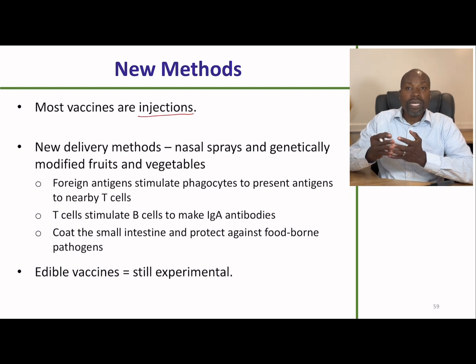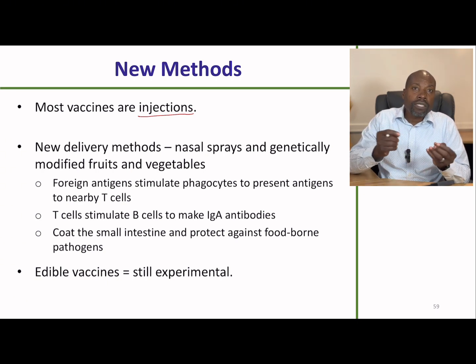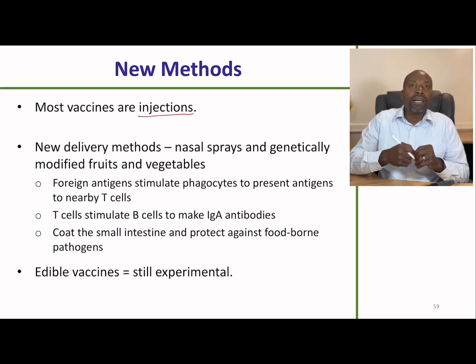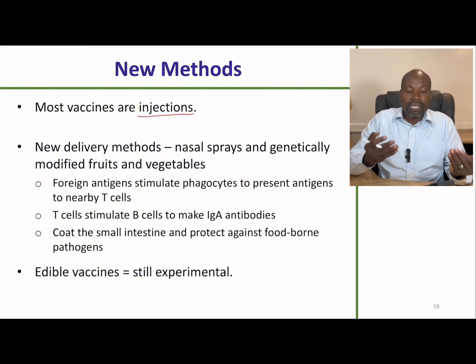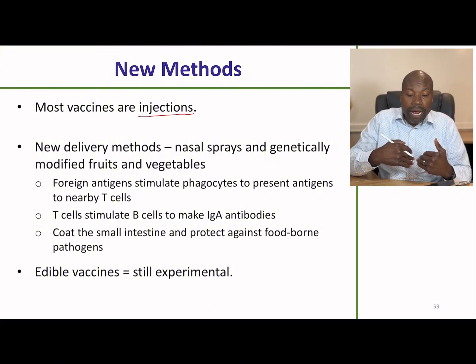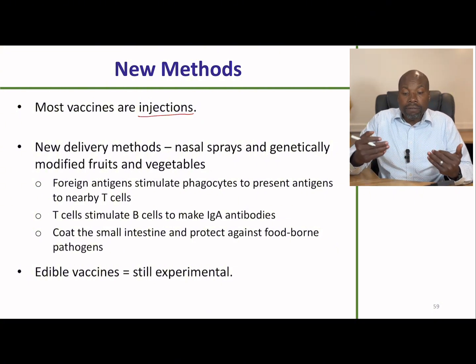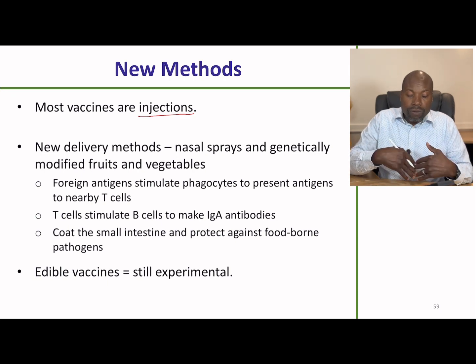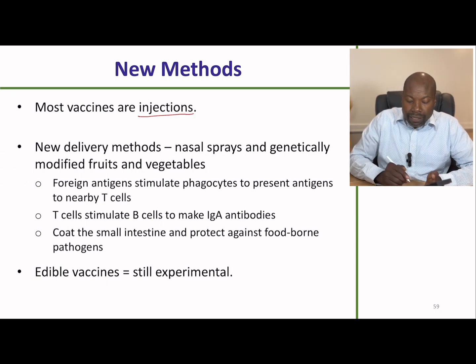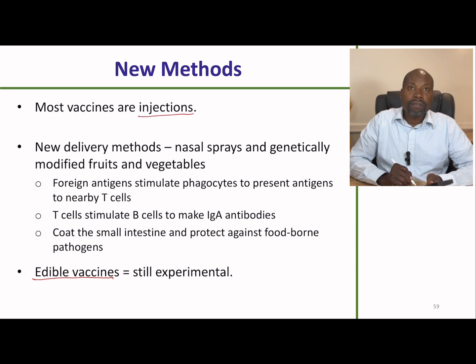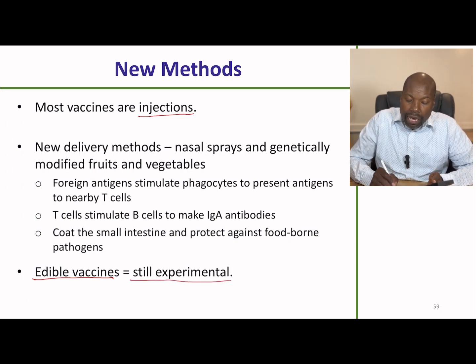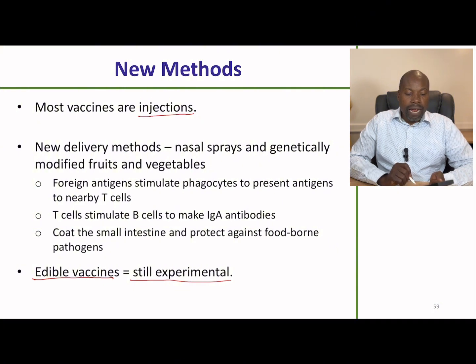But nowadays, we also have immunization by just introducing the vaccine on mucous membranes, such as into the nose, right? We have by eating, right? But the edible vaccines, these are very uncommon and they are still experimental, right?